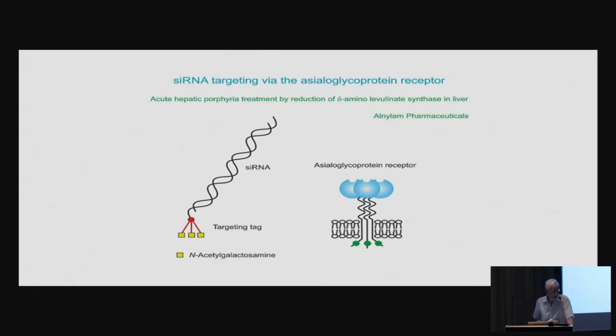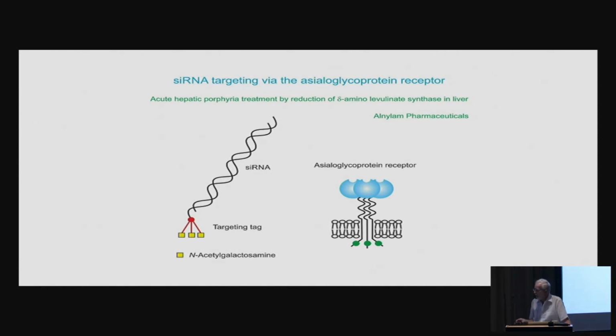So you send an siRNA there and damp down production of your target, and the way they get it to the liver is to put a tag on it, which is a trisaccharide. Well, it's not a trisaccharide. It's 3 N-acetyl galactosamines that will target the asialoglycoprotein receptor on the liver cells.